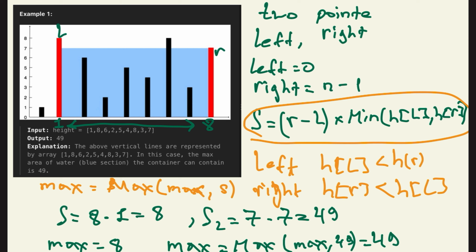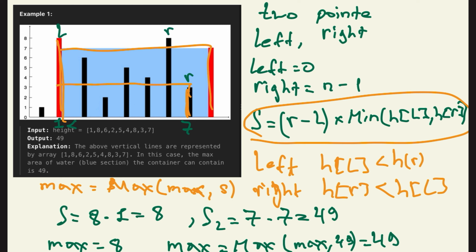And by this way, the left height is greater than the right, and that's why we need to move r. So r will be there, and the value of r will be 7. The area of this is currently less than this, and the height of right is less than the height of left, and that's why we need to move right.